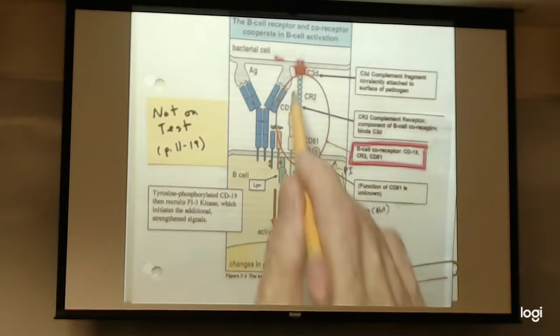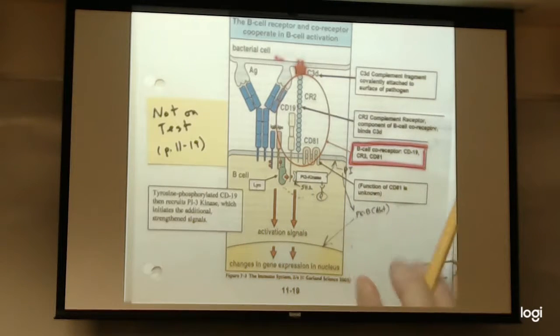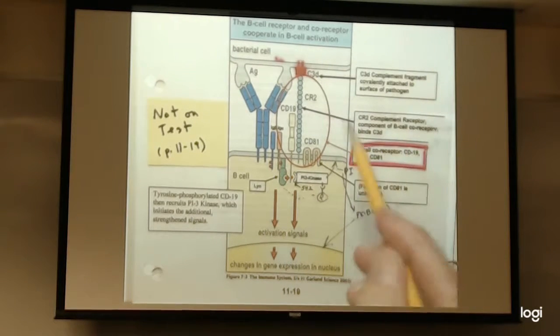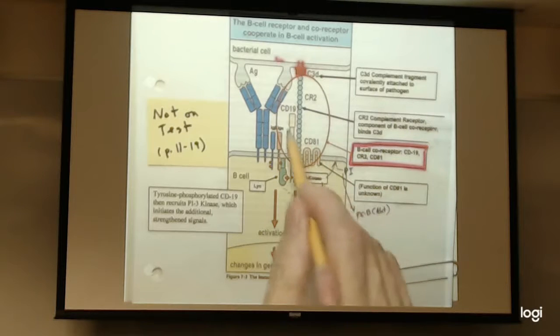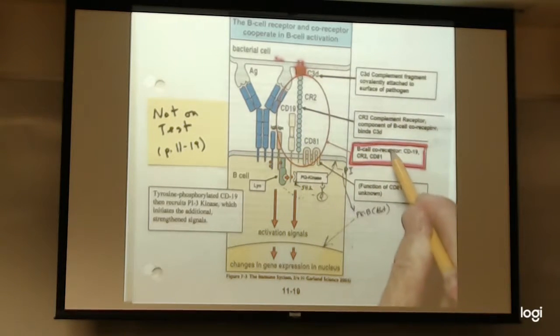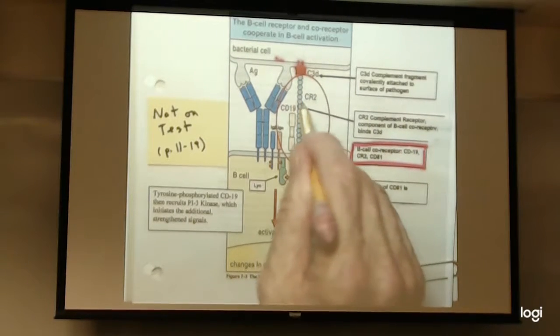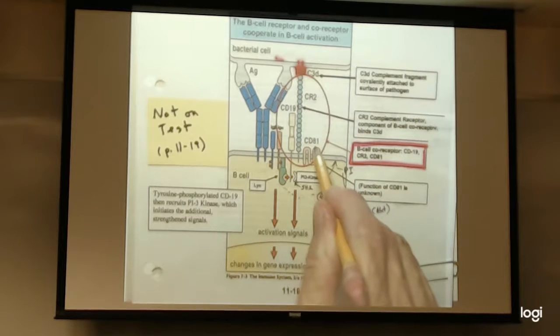It's initiated by the complement receptor, which has two partner proteins. Okay, so this whole thing here, these three proteins, that's called the B cell co-receptor. The B cell co-receptor is a complement receptor with a pair of partner proteins.